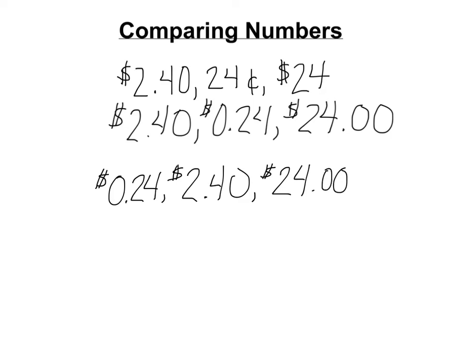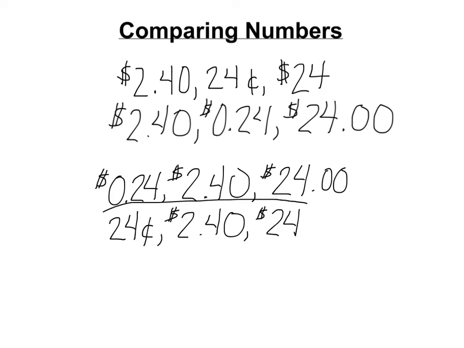On the homework, once you've rearranged this, I would like you to go back one last time and rewrite each amount back in its original form. And so that is my final answer.